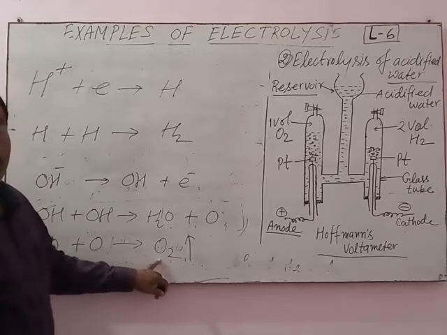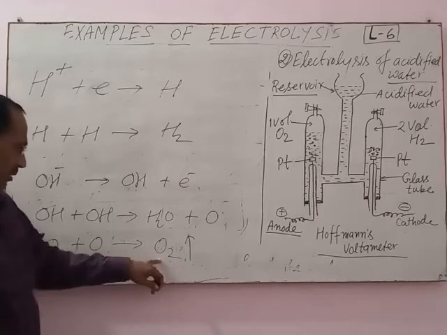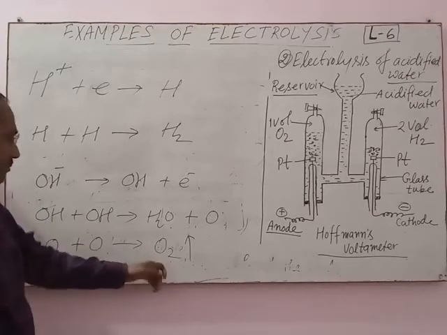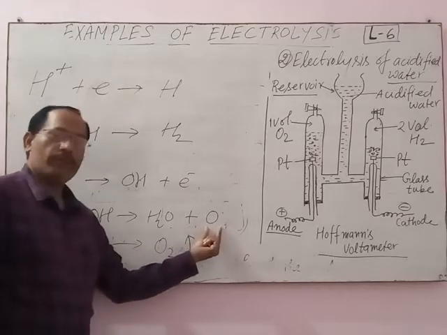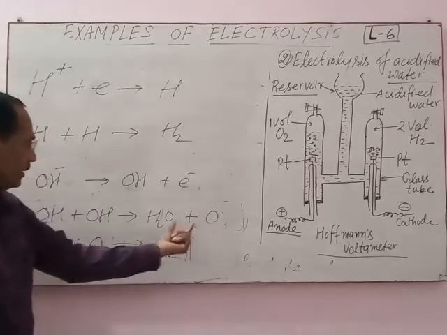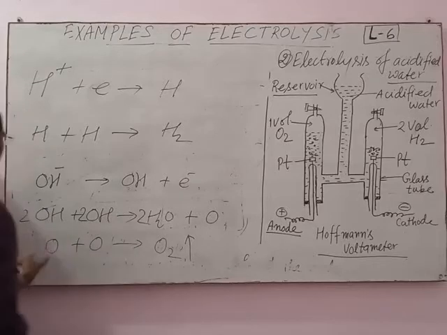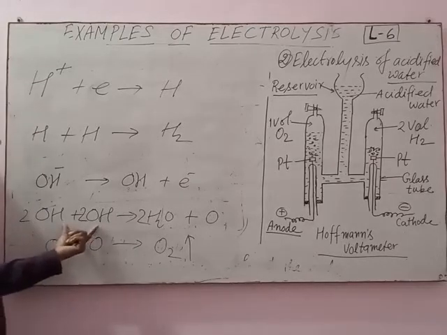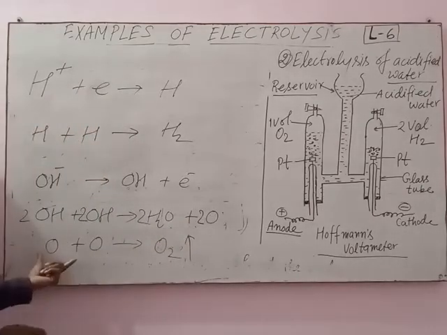For the formation of di-oxygen, meaning molecular oxygen, two atoms of nascent oxygen are required, which is formed by the combination of two OH radicals, meaning a total of 4 OH radicals, and these two atoms form an O2 molecule.